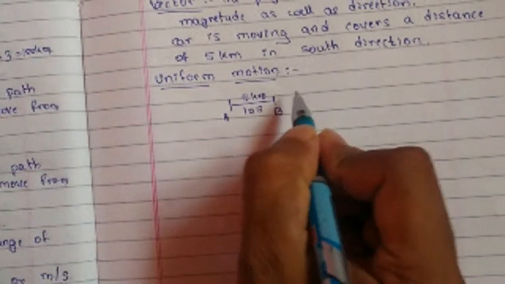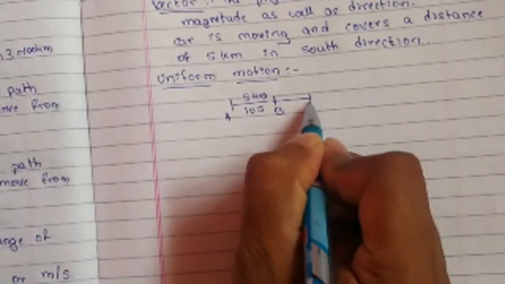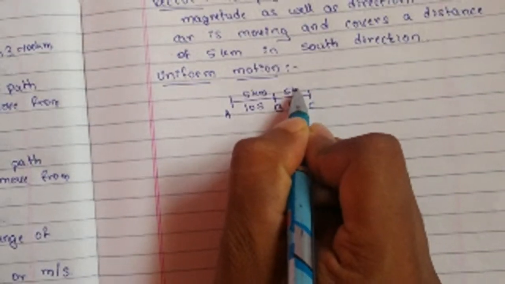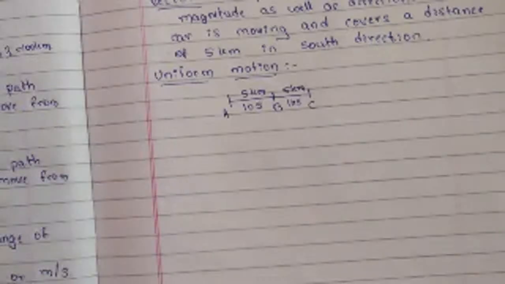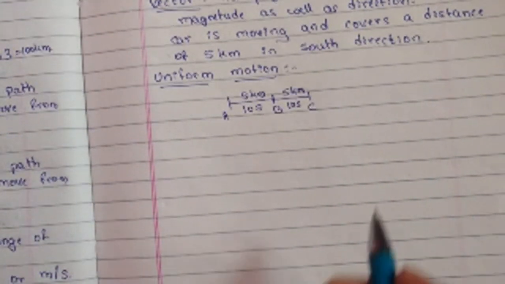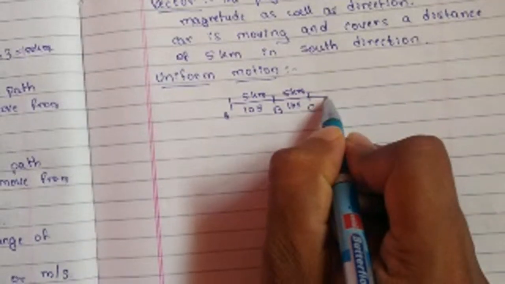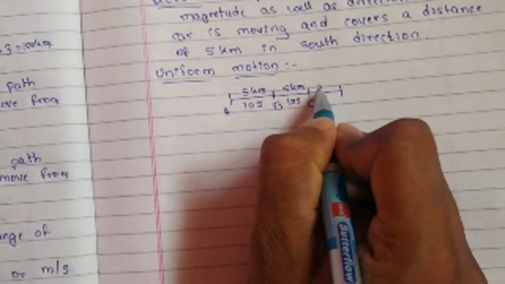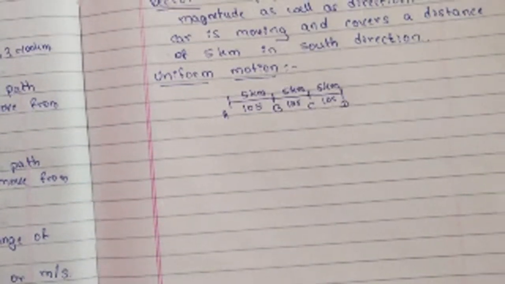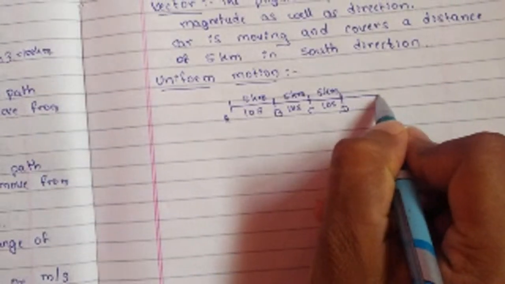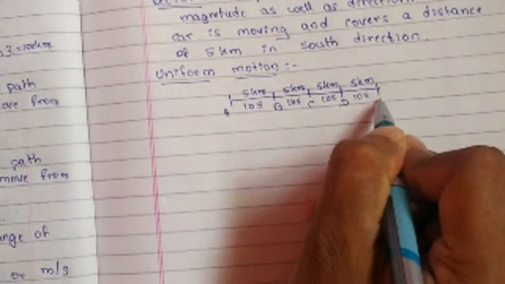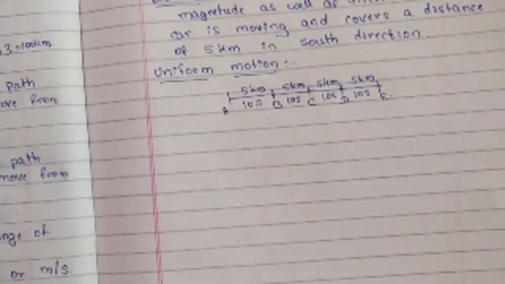Then in the next 10 seconds, the point is C now. Again it travels a distance of 5 kilometer. Then again it travels 5 kilometer in another 10 seconds. I will call this point D. Again it covers 5 kilometer in the same time, 10 seconds. Now it reaches the point E.